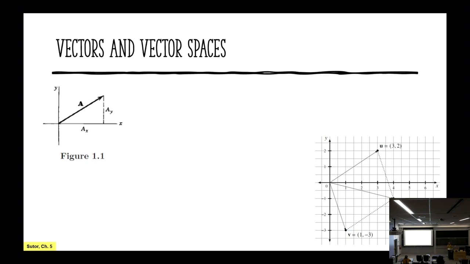So linear algebra in general is just the study of vector spaces and linear operations on those vector spaces. And to dig into this subject, we really do need to understand how to work with them.